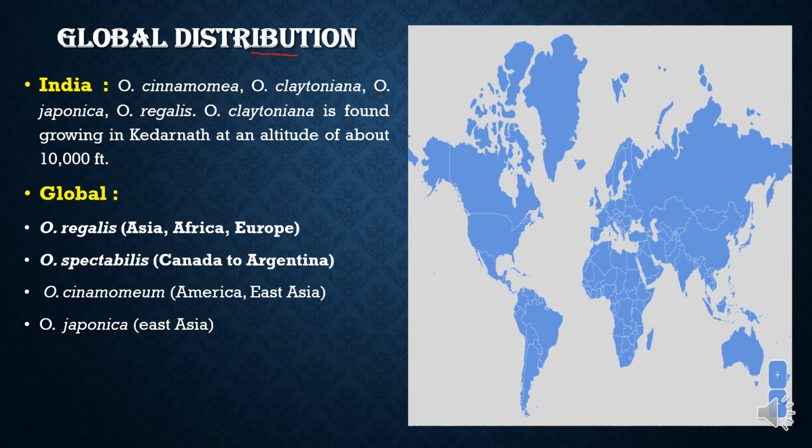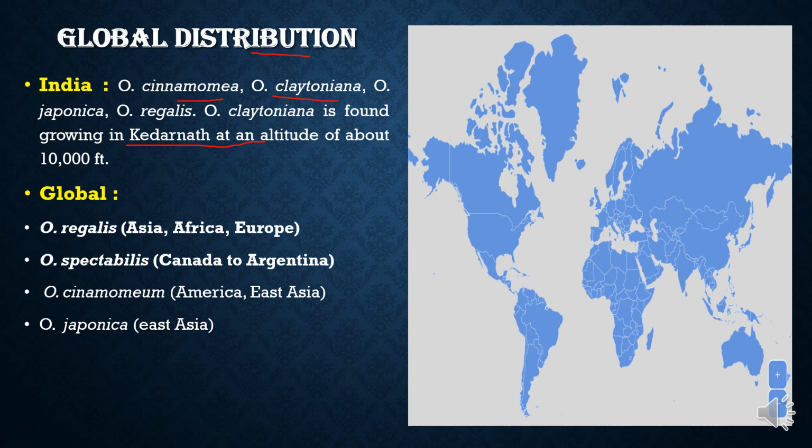In India, we find a large number of Osmunda species, especially in the Himalayan region at great altitude, and globally it is also cosmopolitan except in a few places.